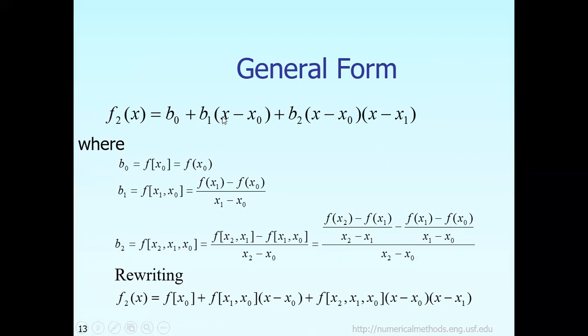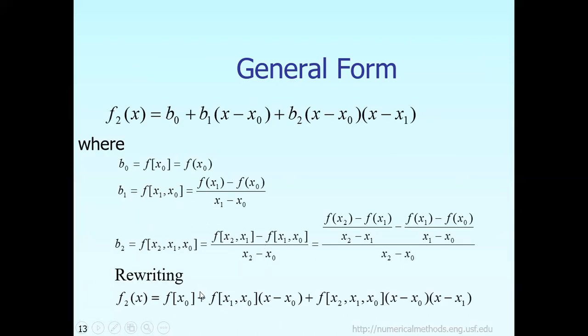The general form of the formula for the Newton divided difference interpolation method is f of x is equal to b0 plus b1 into x minus x0 plus b2 into x minus x0 into x minus x1, where b0 is equal to f of x0, b1 is equal to f of x1 minus f of x0 divided by x1 minus x0. It is nothing but f of x1 comma x0. b2 is equal to f of x2 comma x1 comma x0, meaning f of x2 comma x1 minus f of x1 comma x0 divided by highest term minus lowest term, that is x2 minus x0.